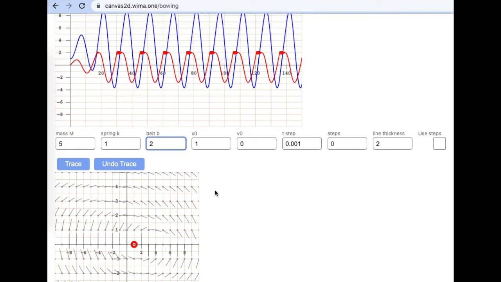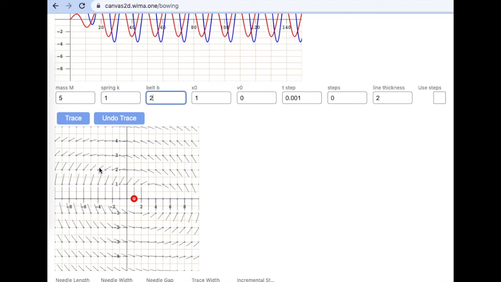Now let's see this process in the phase space. The horizontal axis is position, the vertical axis is speed. Let's trace it out. We start at position 1, speed 0. And if we increase time, this is the trace I want to show you.